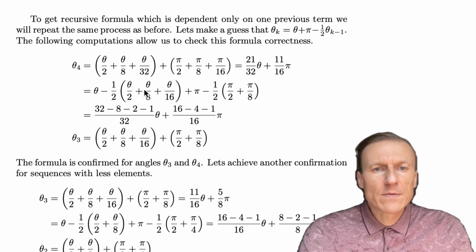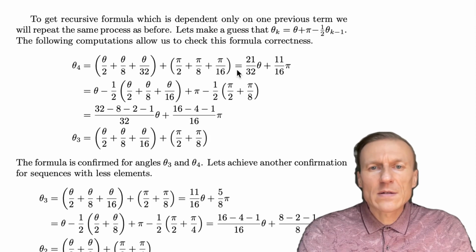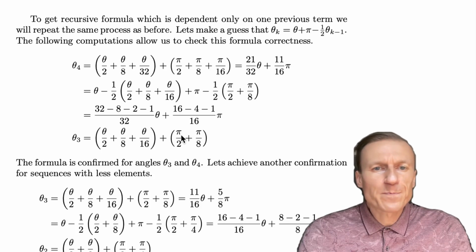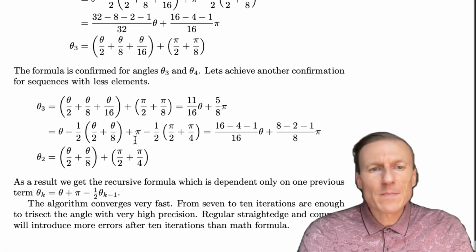And more specifically, for theta we have 32 minus 8 minus 2 minus 1, and for pi we have 16 minus 4 minus 1, which gives us these rational numbers we wanted. So the formula is proved. Theta 4 and theta 3 depend on each other like that.